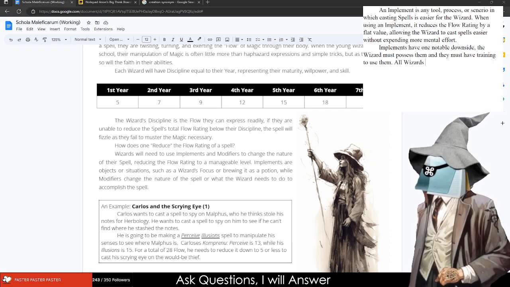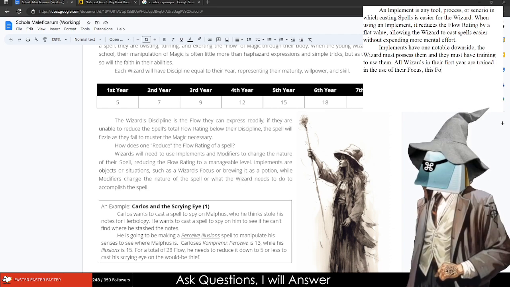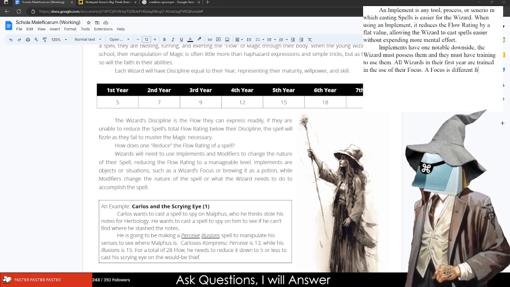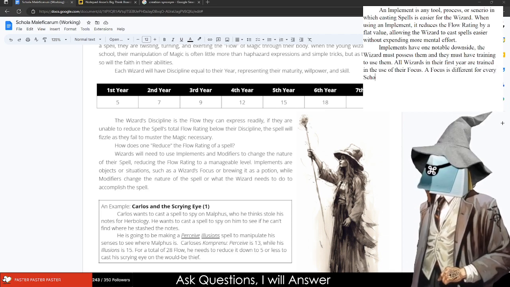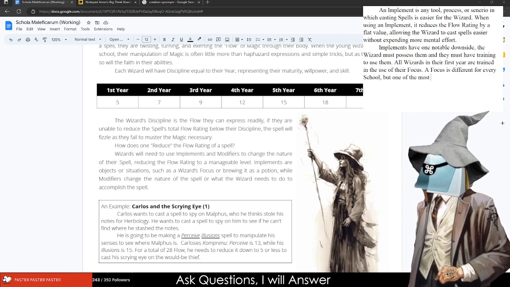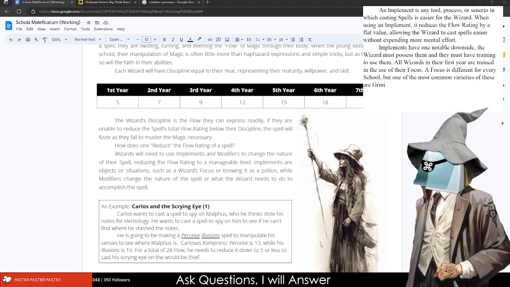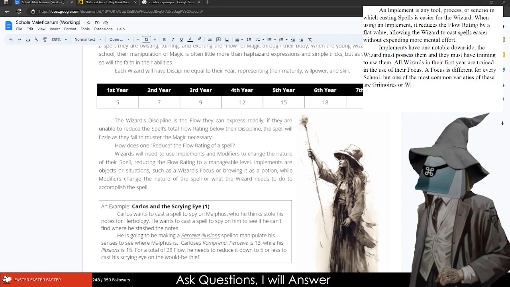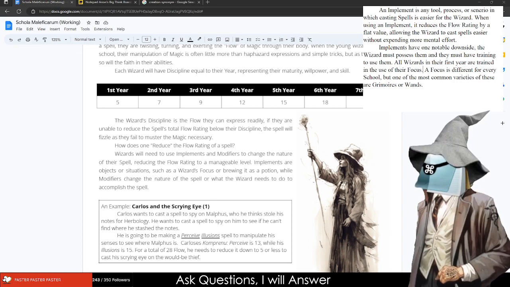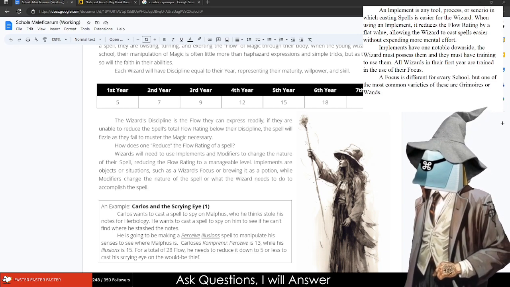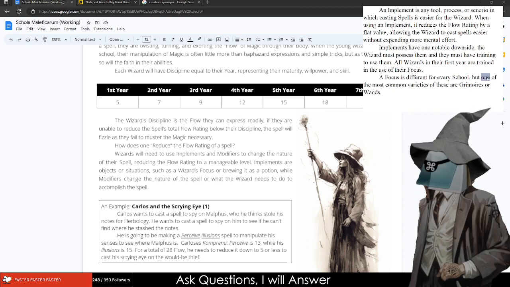All wizards in their first year are trained in the use of their focus. A focus is different for every school, but one of the most common varieties of these are grimoires or wands.